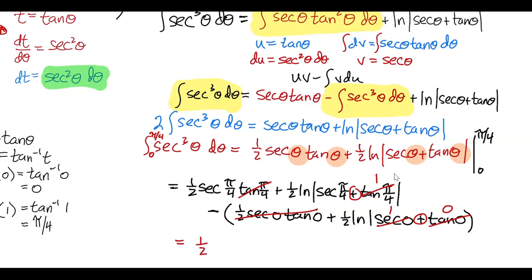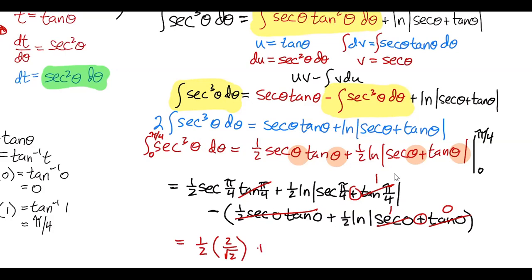So at long last, I'm going to finally be able to clean this up somewhat. So 1/2, now secant pi over 4 is the reciprocal of cosine pi over 4, which is radical 2 over 2, so 2 over radical 2. You could write it in the rationalized form, but then you'll just have to change it anyway in order to cancel some things out.